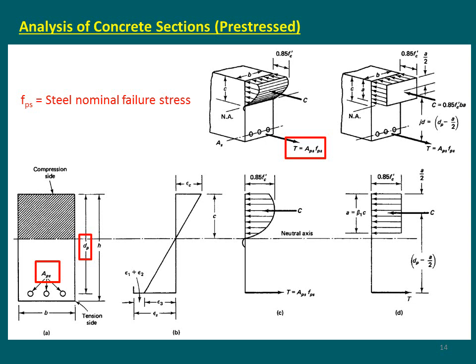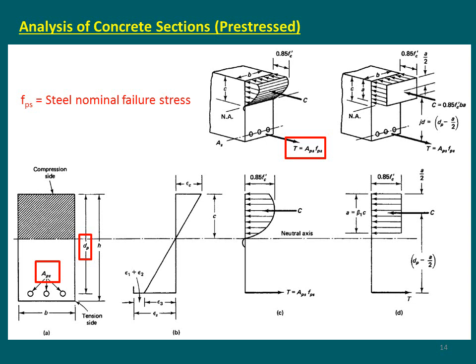In our case here for pre-stressed cables or tendons, we're going to have fpi, fpe, and eventually for the capacity point is going to be fps. Now fps definition is going to be the steel nominal stress. Let's not call it failure. If you like, I would call it the capacity stress, or the nominal stress, which means the stress which we're going to be using to determine the capacity of the section when it comes to flexure.